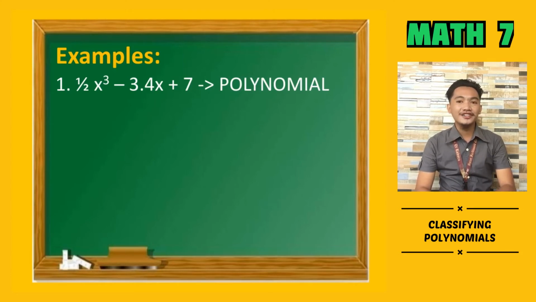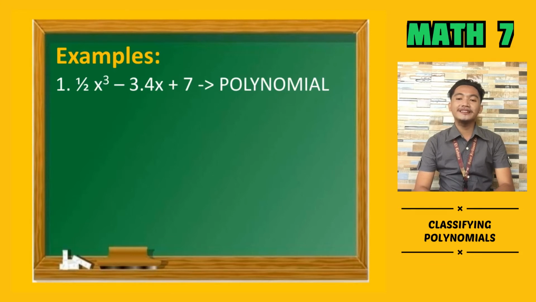We have a fraction, but we do not have a variable in the denominator. Don't be confused. X cubed there is not in the denominator. The first term, 1/2 x cubed, actually means 1/2 times x cubed. And we can actually rewrite it as x cubed over 2.